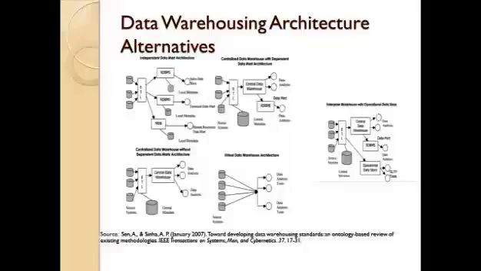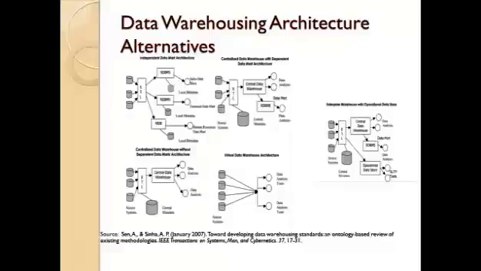Now, one reason that companies have different architectures is that a data warehouse, as we'll talk about in the future, is a very expensive endeavor. It can easily take several years and millions of dollars to create, because a data warehouse integrates data from different departments, and it includes data over time.